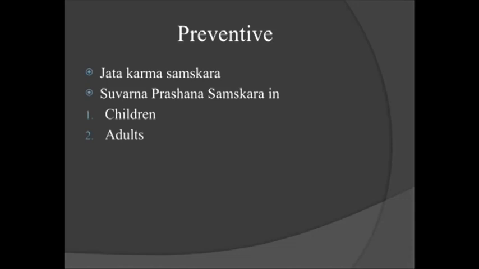Preventive, that is Jata Karma Samskara, which has been explained in the Sushruta Samhita. Jata Karma Samskara is a samskara explained after the Nabhinala Kartana, that is the umbilical cord cutting.